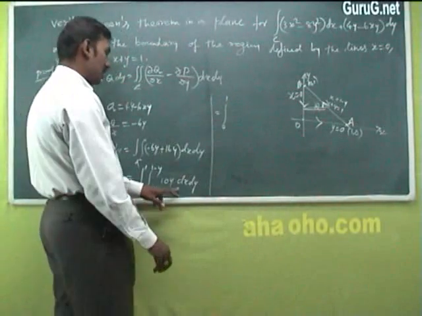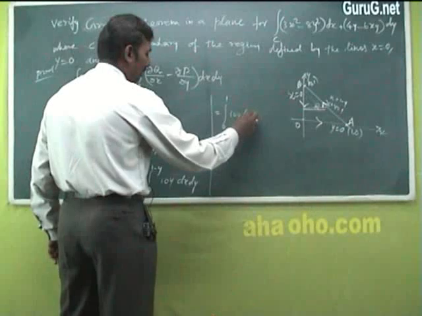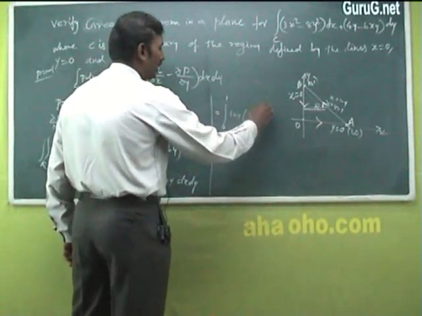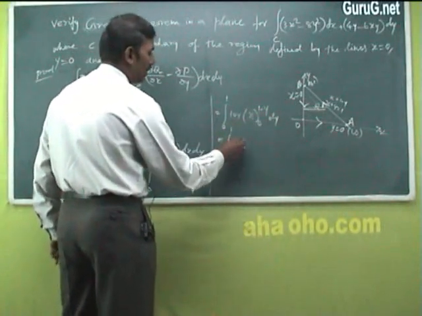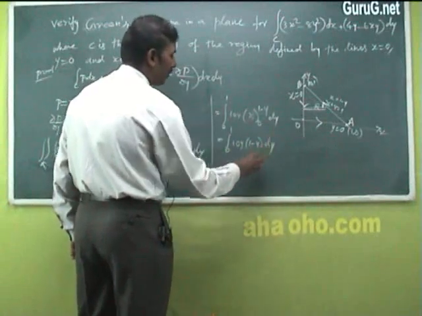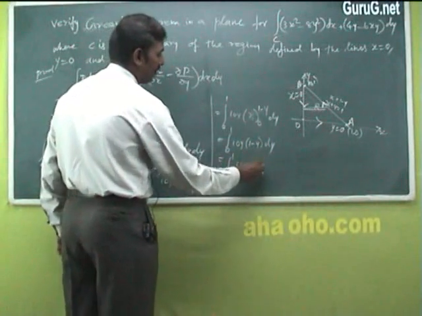This is equal to, with respect to x, keeping y as constant, x from 0 to 1 minus y, into dy, and y from 0 to 1. So 10y into 1 minus y into dy, so 10y minus 10y squared.